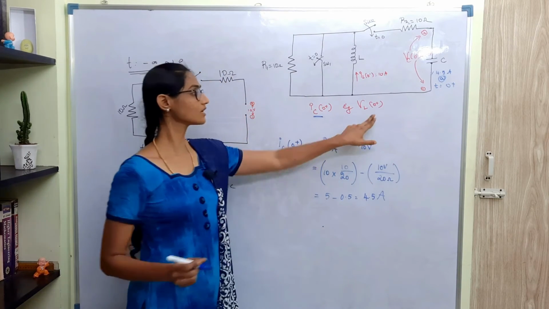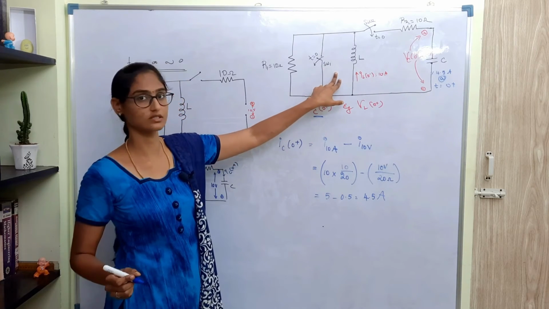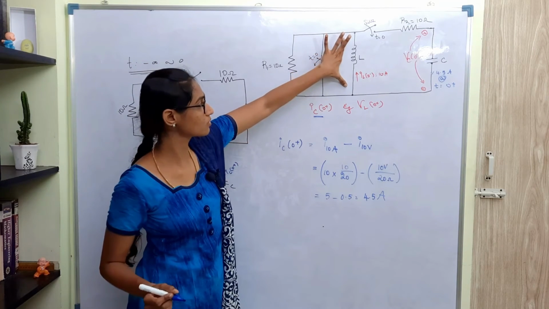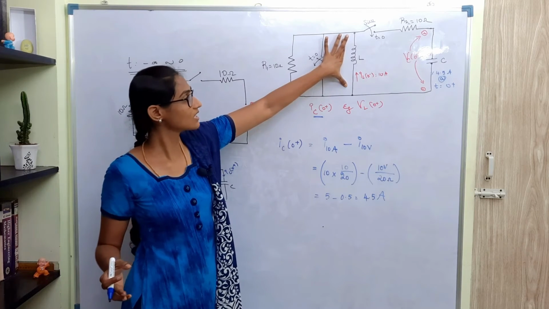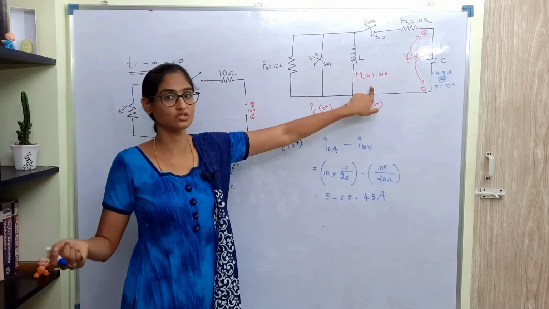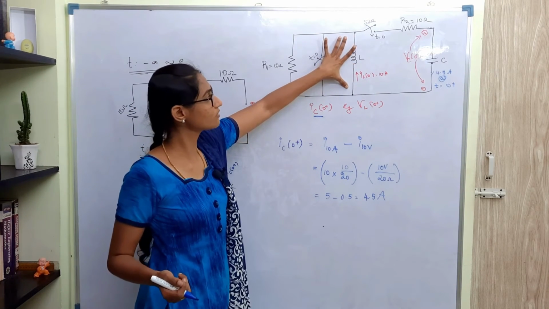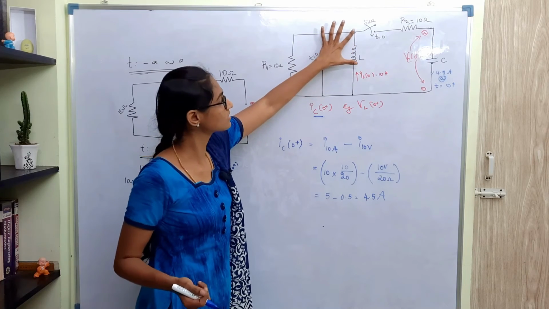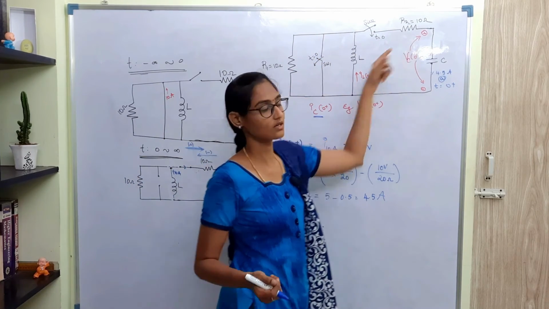Now we have to find out the voltage across the inductor at t equal to 0 plus, or the voltage across these two ends. It will still be in a short circuit manner only, but it is going to supply a current of 10 ampere just when the switch is opened. So in that case, what will be this voltage? This voltage will be the voltage across this 10 ohm resistor.